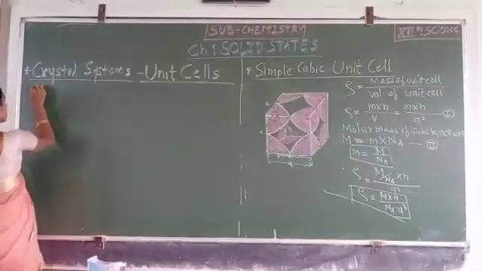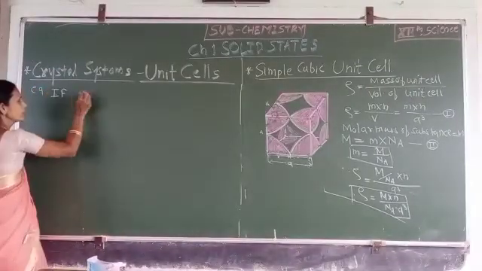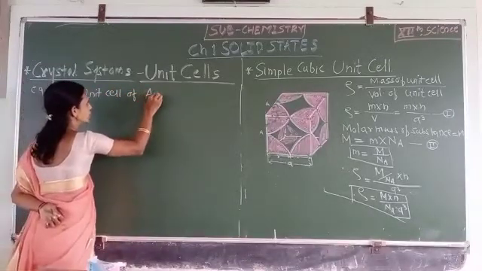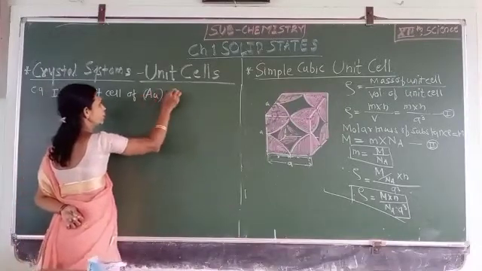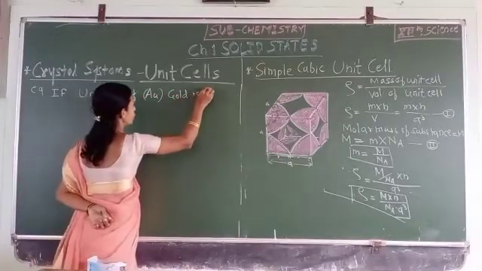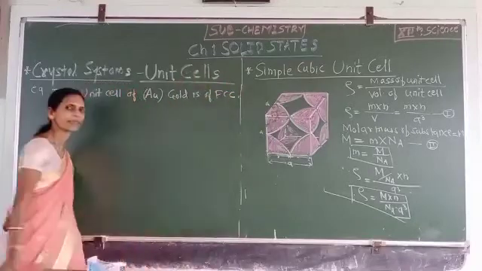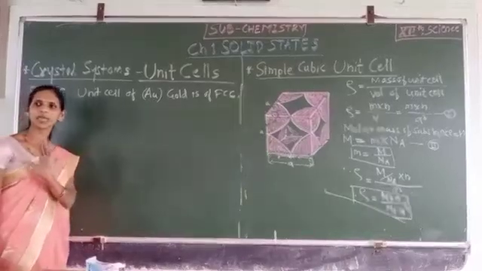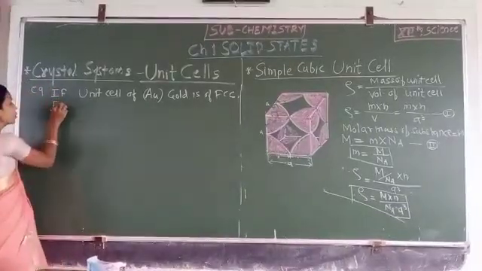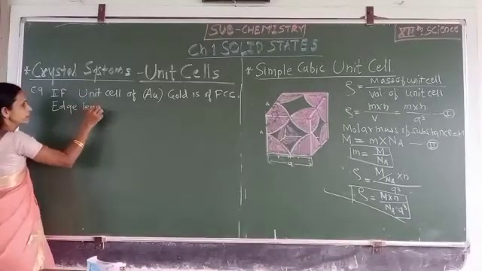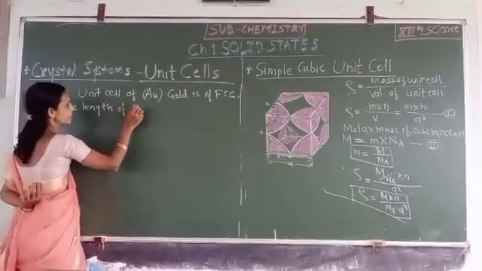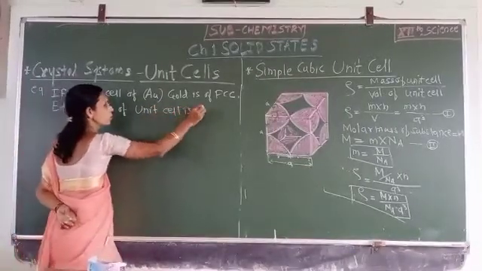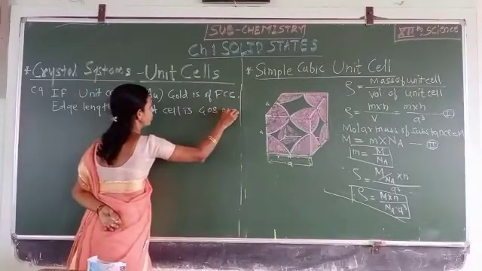Now see the numerical example. The unit cell of Au, that is gold, is of FCC type, that is, gold crystals have a face-centered cubic unit cell, and the edge length of that FCC unit cell is 408 pm, picometer.